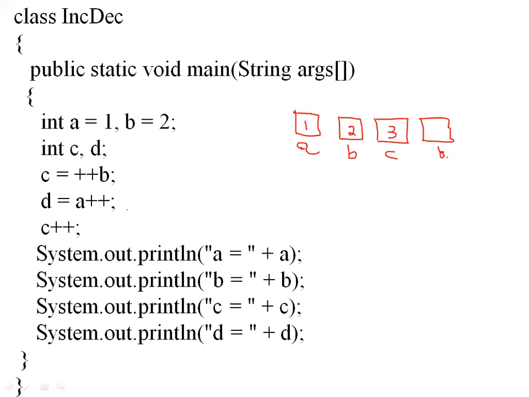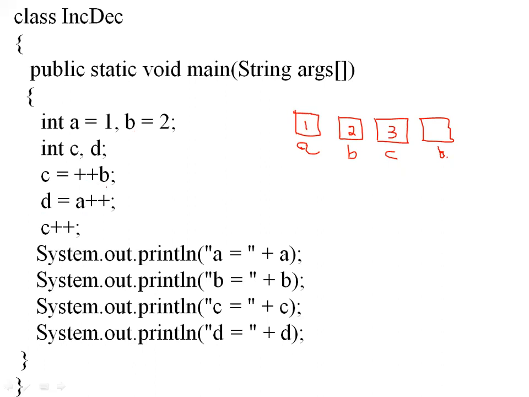D is what here? A plus plus, no? Oh, yes. A is 1. A is 1, B is 2. Then C is equal to plus plus B.